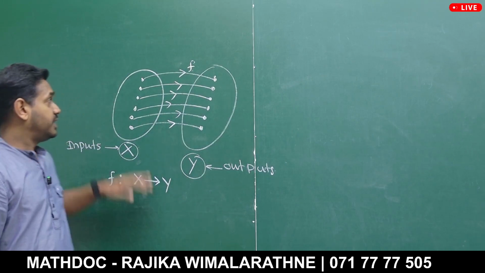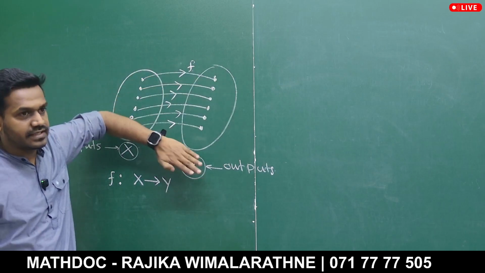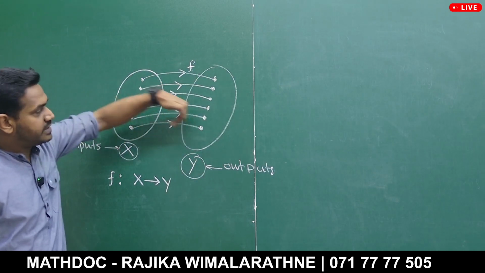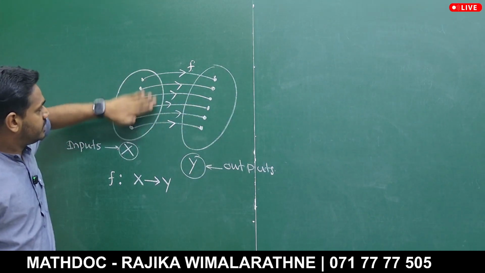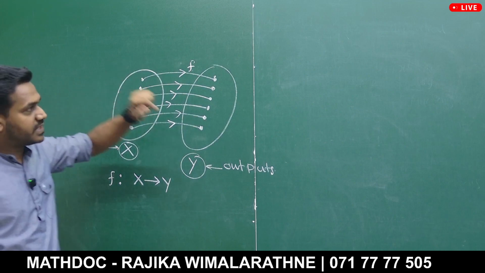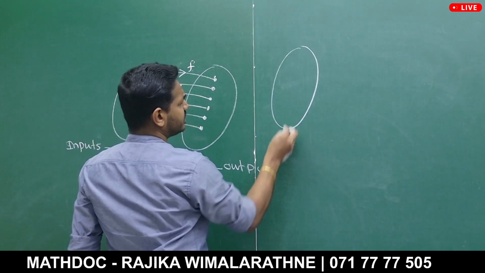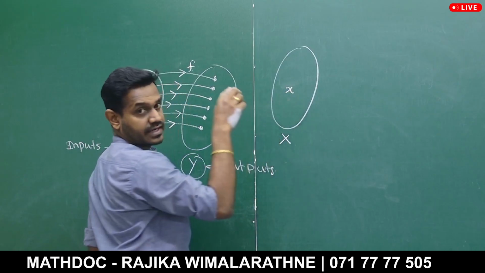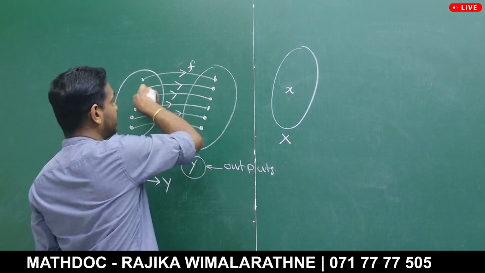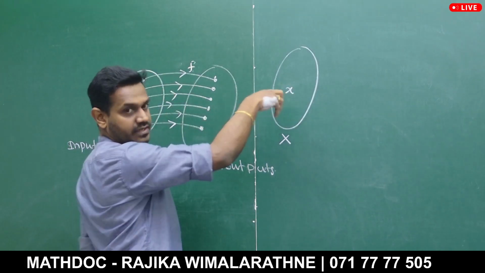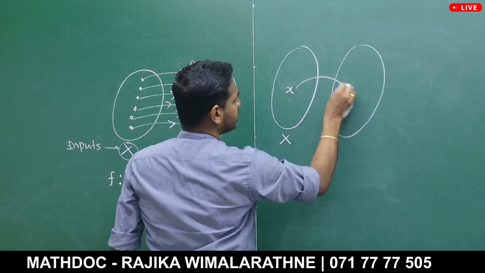Now here this is a set, this is another set, and in between them we have a connection. We have elements here, and to represent every element we use a variable. That variable has a connection with another variable y.